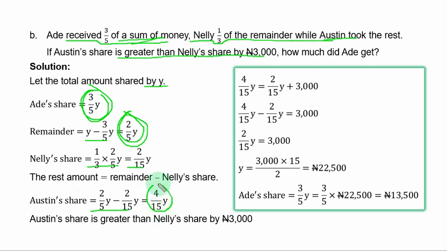From the question, Austin's share is greater than Nelly's share by 3,000 naira. So this is Austin's share. If you add 3,000 to Nelly's share, you get Austin's share. So this expression answers that part.